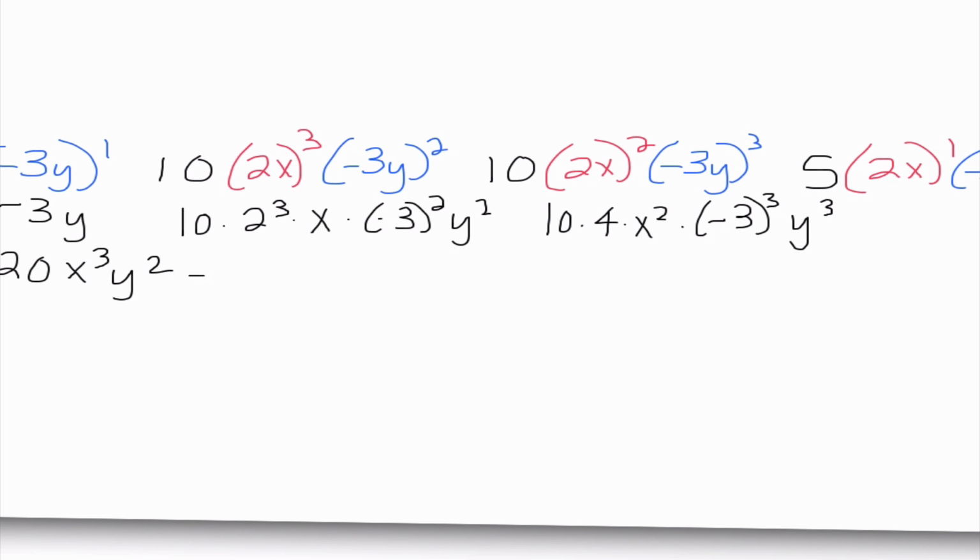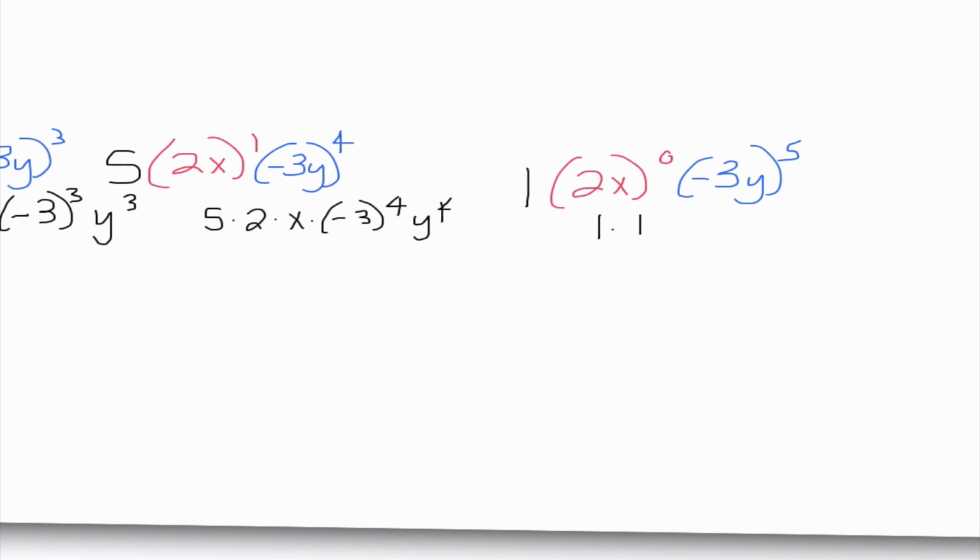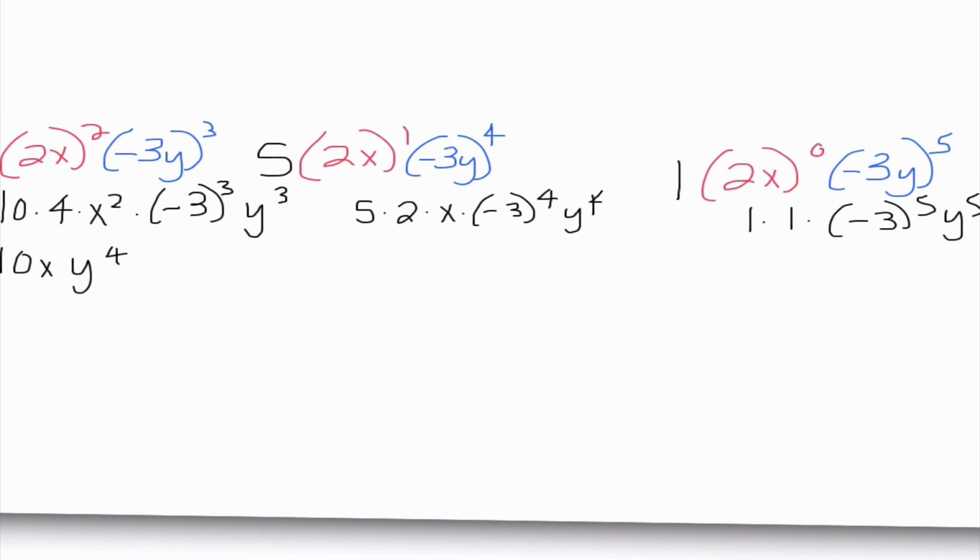I get minus 1080 x squared y cubed. 5 times 2 times x times negative 3 to the 4th y to the 4th gives us 810 xy to the 4th. 1 times 1 times negative 3 to the 5th y to the 5th gives me minus 243 y to the 5th.